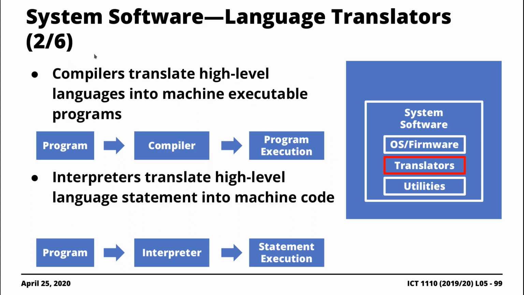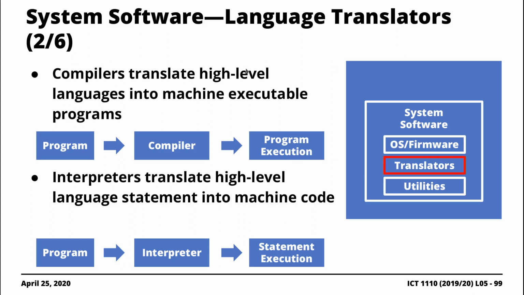So let's say you have a computer program written using an interpreted language with 5 lines of code. What an interpreter will do is convert each of those statements one at a time into equivalent machine code, which can later on be executed by the computer hardware.